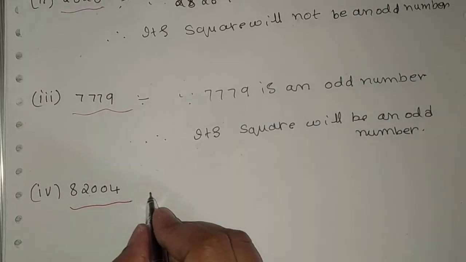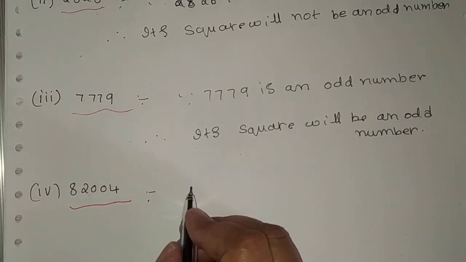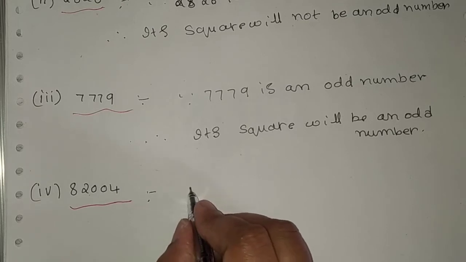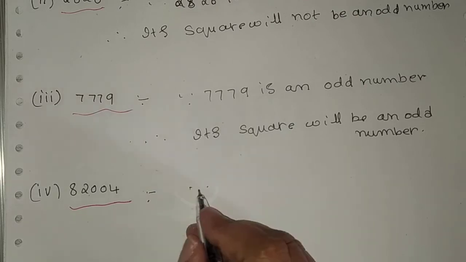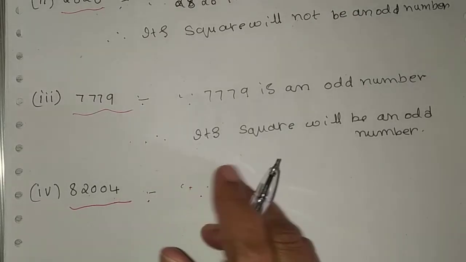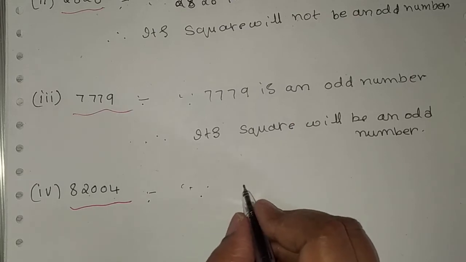So last one, they have given us 82004. Here also, this is an even number. So 4 into 4 how much? 16. So this is even.